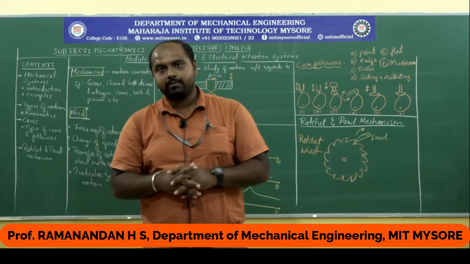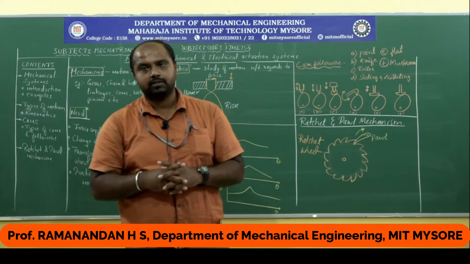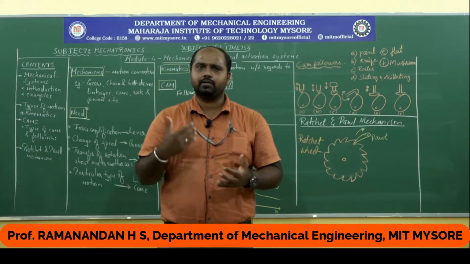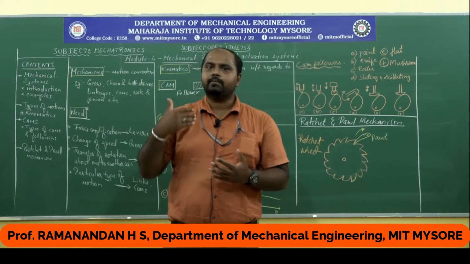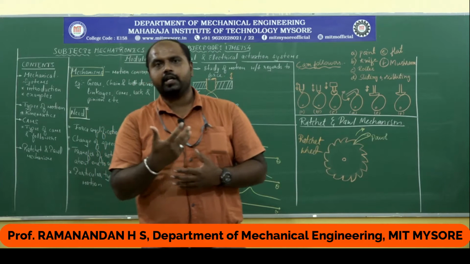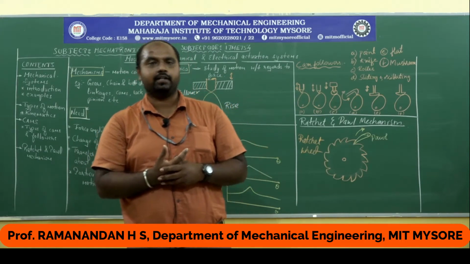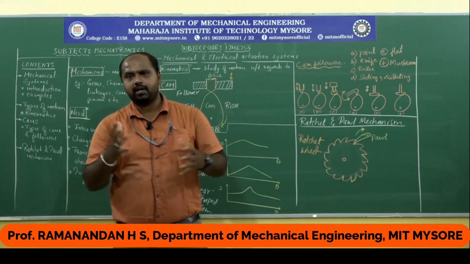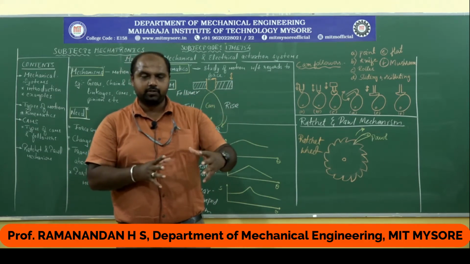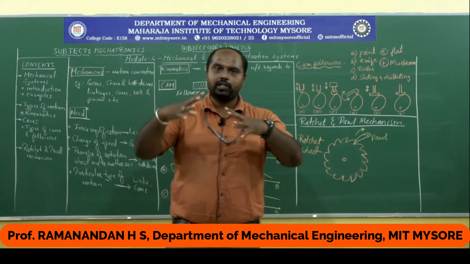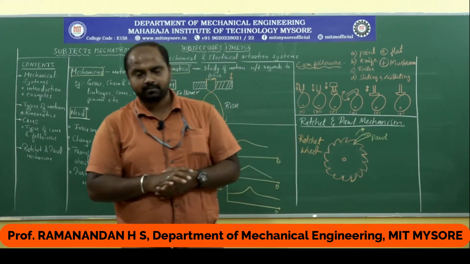Why I am speaking all of this is because you cannot even imagine any machine, maybe a lathe machine or drilling machine or shaper machine, machine tools like a CNC machine, radial drilling, various types of machines. There are various components which have motion relative to one another. As a whole they make a machine or a machine tool.